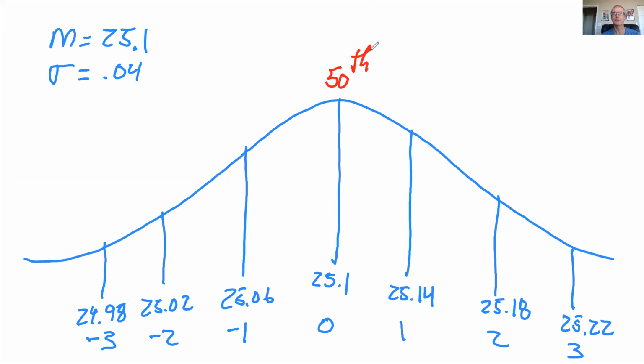That's right in the middle. So the 40th would be somewhere just less than that. So you definitely want a number that would be less than the mean and definitely greater than the z-score of -1 or 1 standard deviation down.